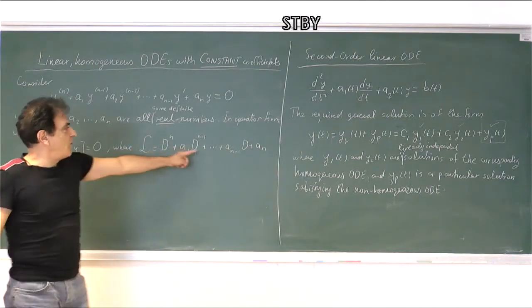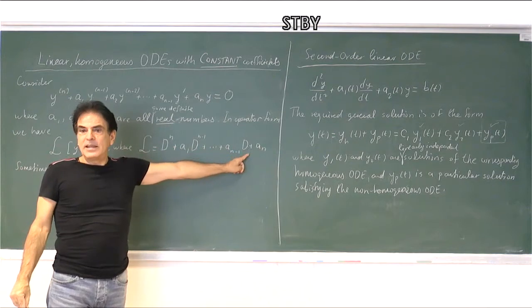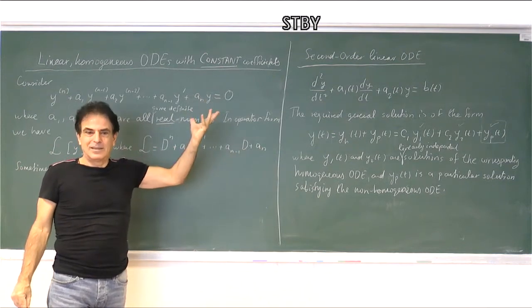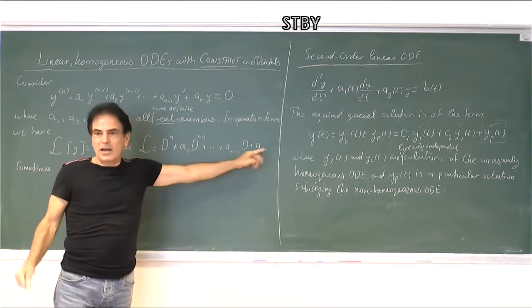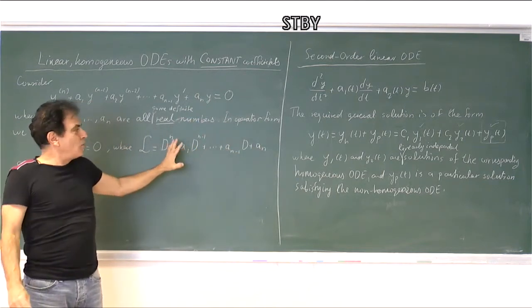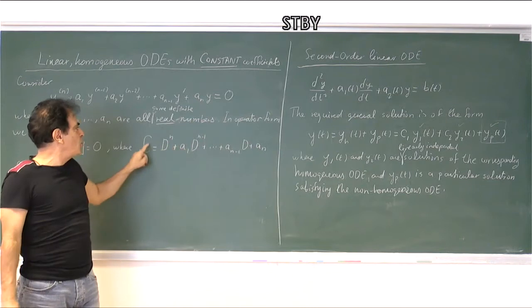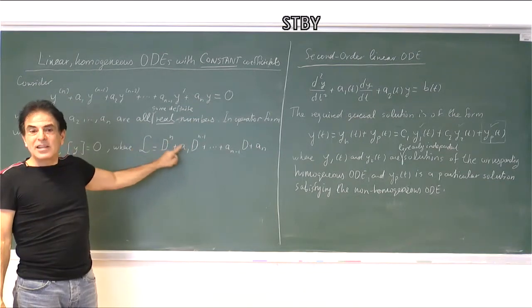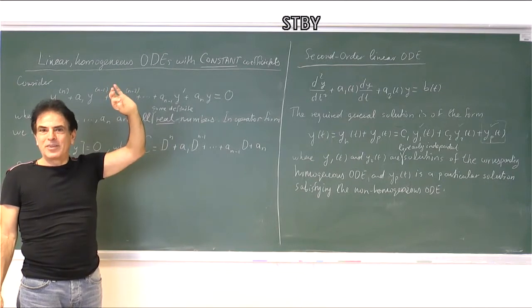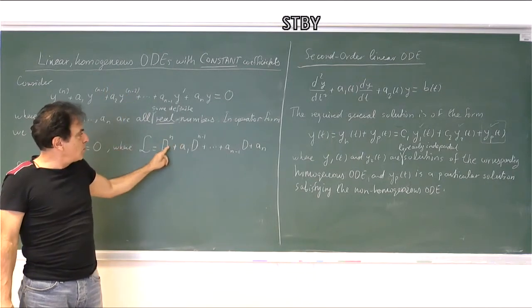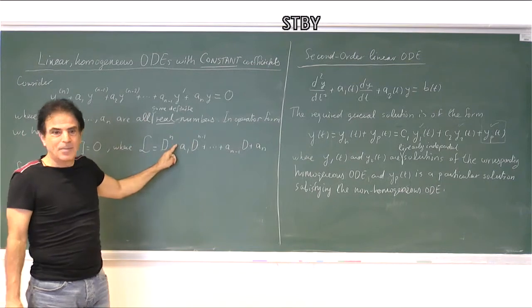Now this differential operator is independent of t, isn't it? Look, the coefficients a1 up to an are some real numbers. So formally, you can view L as a function of the operator D, which is a polynomial of degree n.